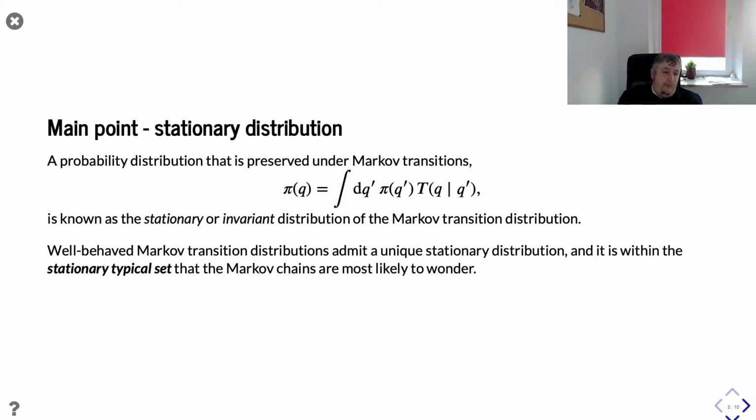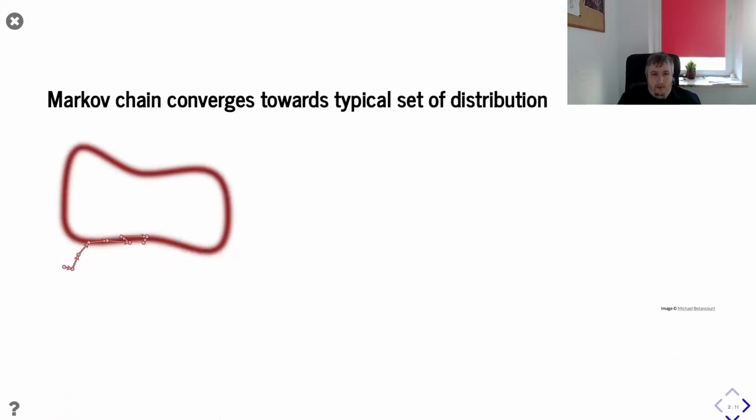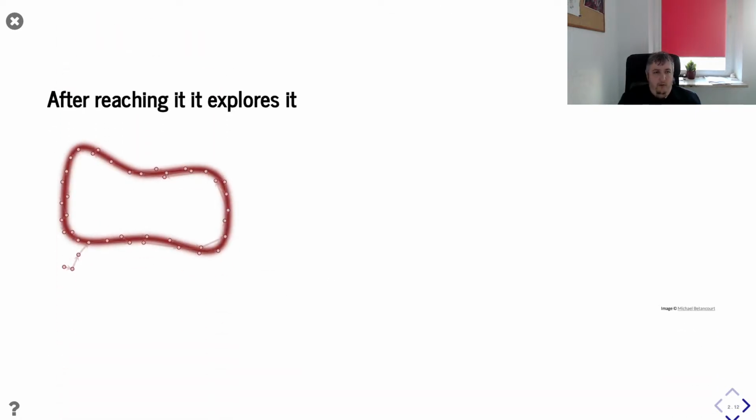Our samples from the Markov chain will be wandering the typical set of the distribution. And that gives us the bonus of having samples from that distribution, which, after reaching the typical set, will be exploring around it.